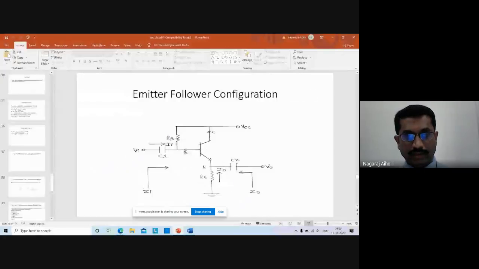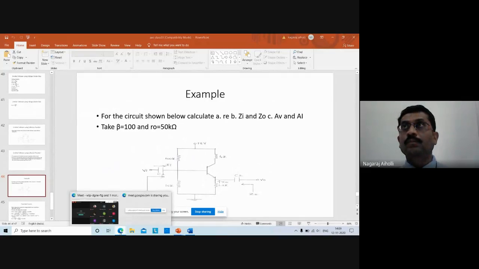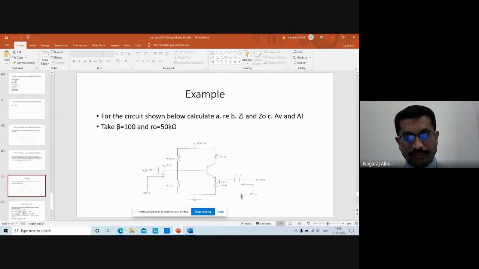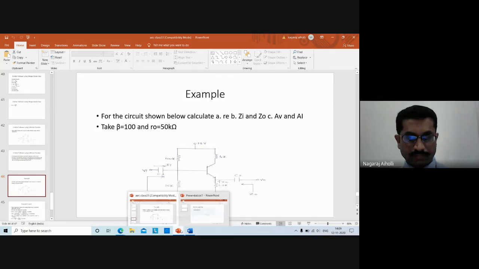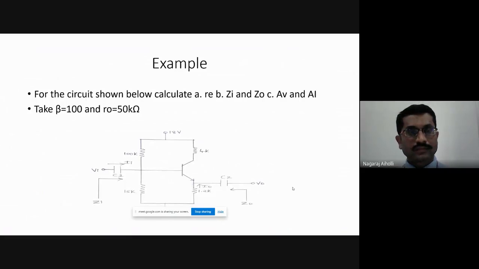Just a minute. Please note down this circuit. 1 minute. Noted on the circuit here.